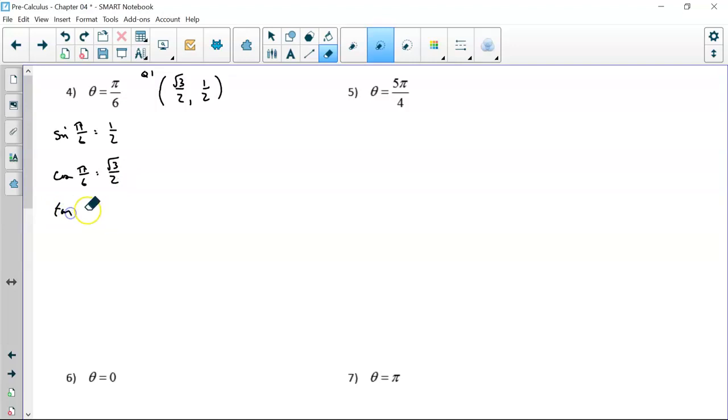And our tangent of pi over 6 is going to be 1/2 divided by root 3 over 2. Now we have to multiply by the reciprocal. It's 1/2 times 2 over root 3. So the 2's cancel. We're left with 1 over root 3. Rationalize, multiply by root 3 over root 3. You get square root of 3 over 3.